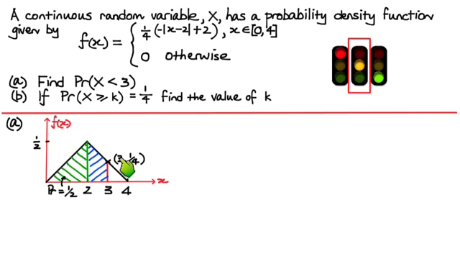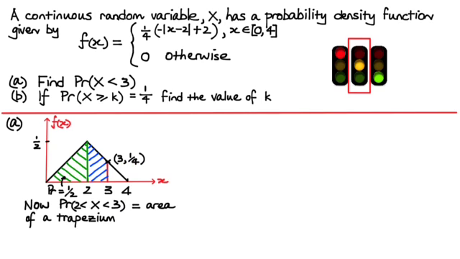That's the coordinate point where x is 3. Now the probability that x is between 2 and 3 is the area of a trapezium. How do you work out the area of a trapezium? Do you remember? It's the average parallel side length times the perpendicular distance between those parallel sides.